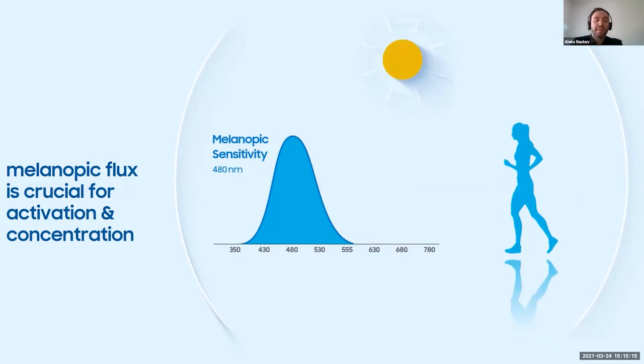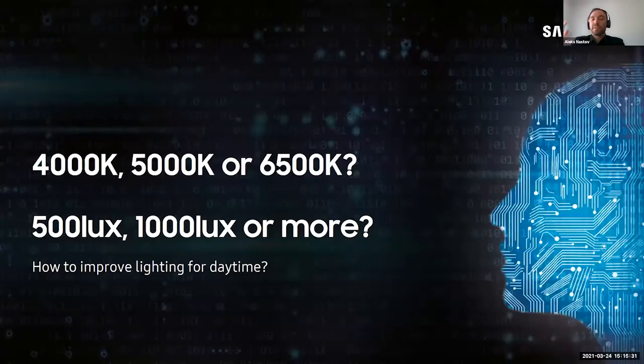I think this is nothing too new to all of us. The question now is how should we take this information and put it to work for us? For example, in an office during the day, and just as a random example, should we move from 4,000 to 5,000 to 6,500 Kelvin?